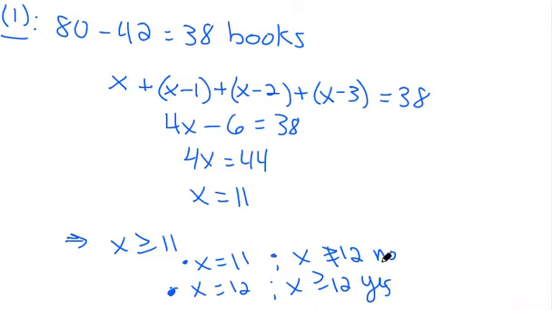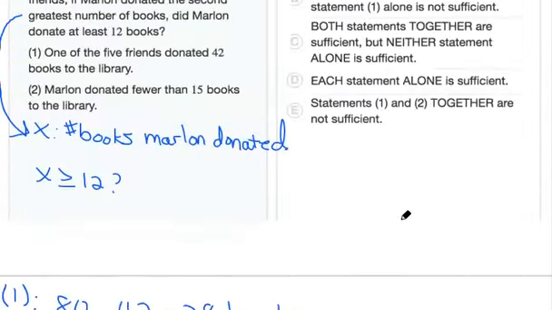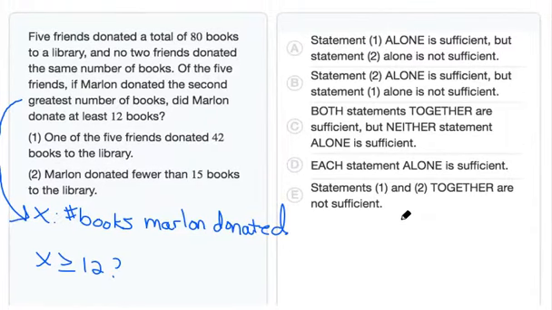So since we can't definitively answer yes or no to the question for all of the possible X's, this statement alone is not sufficient. If we scroll back up to our answer choices, anything where statement 1 alone is sufficient, we can eliminate, because we know that it is not sufficient.